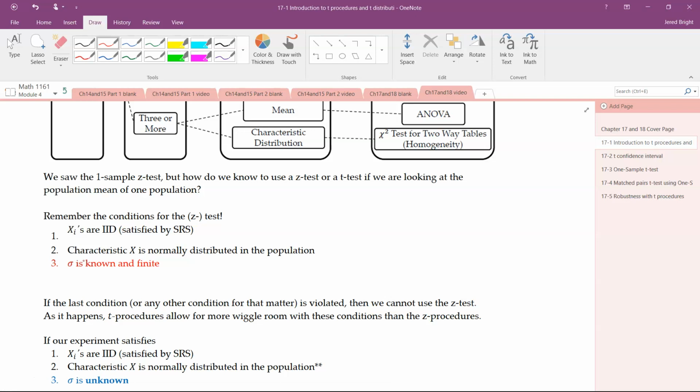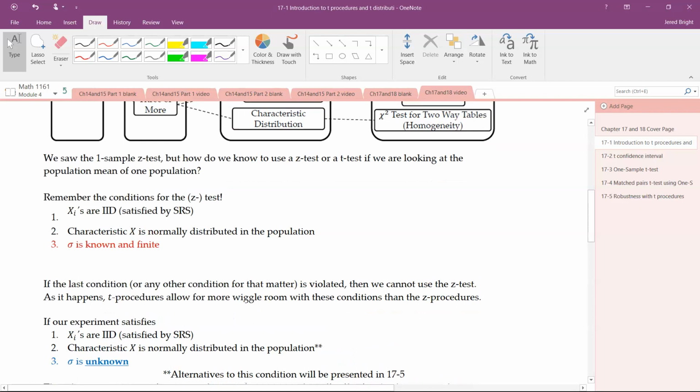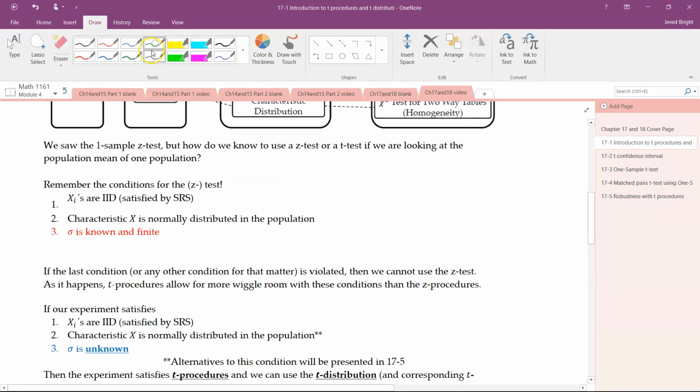And the t-test comes in, or the t procedures, I'm going to say, because we're going to talk about confidence intervals and hypothesis testing. The t procedures allow for more wiggle room. Effectively, at least the first two conditions are the same from the z-test to the t-test. So we still have to have IID observations.